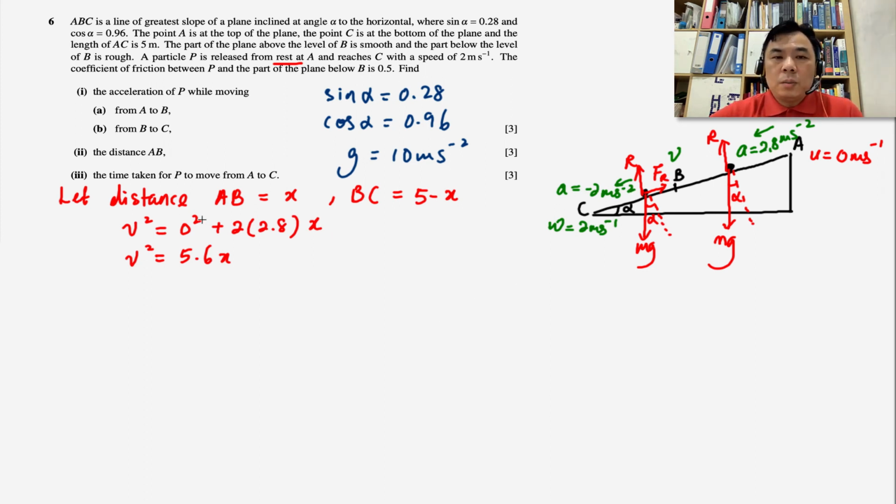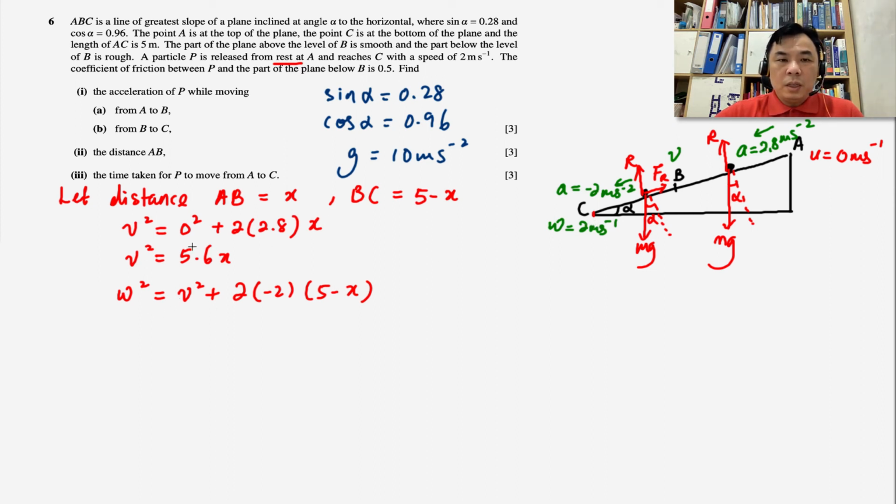Now, by using the same SUVAT equations, here I'm using W to denote the speed at the bottom of the slope. So here we will have W square equal to V square plus 2a. The acceleration now becomes the deceleration. The distance is 5 minus x, which is the distance of BC in our case. And then we know W is equal to 2.